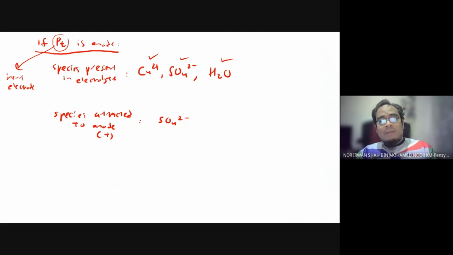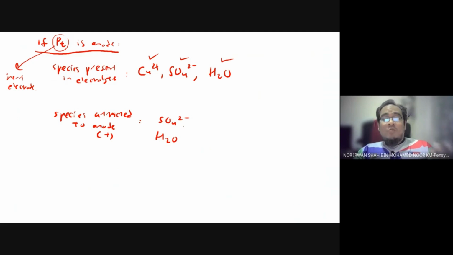Takkan copper tu nak pergi dekat anode yang positif. Jadi sulfate akan attracted to anode, and what else? Water guys. Water pun akan attracted to anode. Jadi ada dua species, maksudnya ada competition antara sulfate dengan air. Siapa akan jadi pilihan?